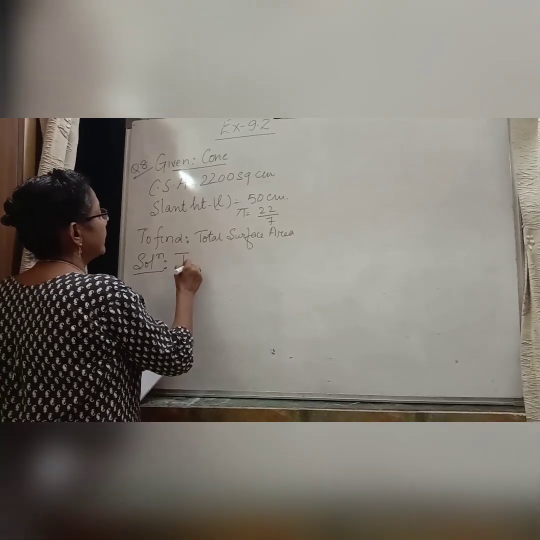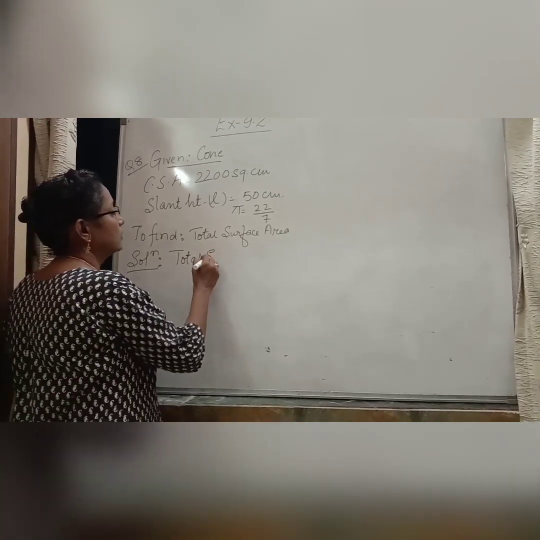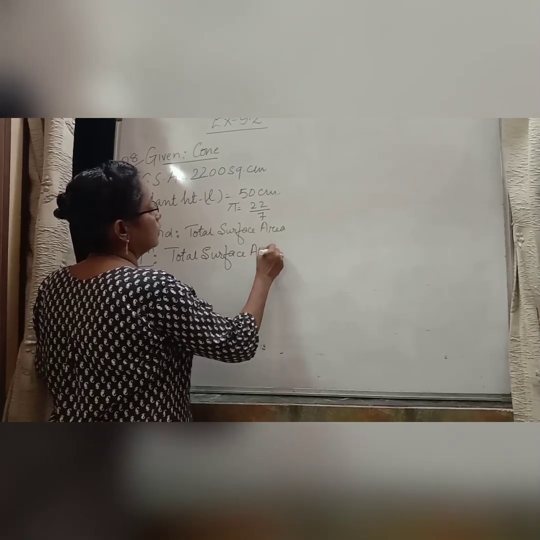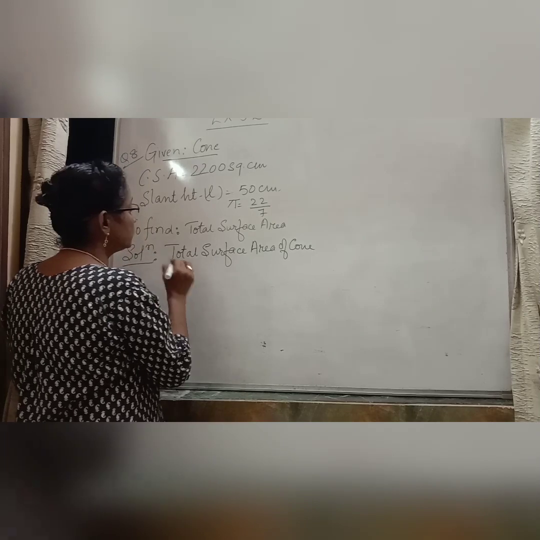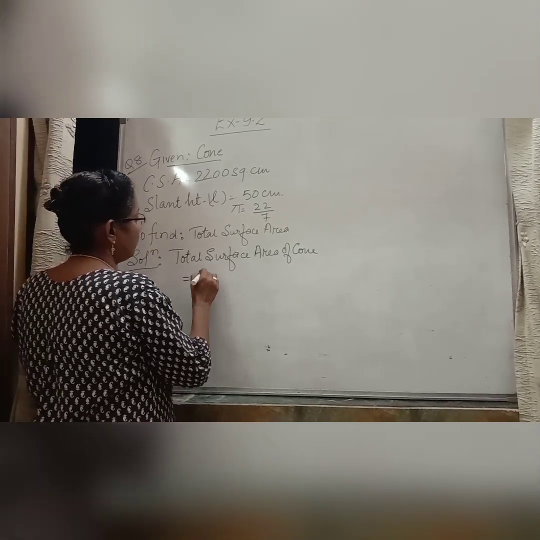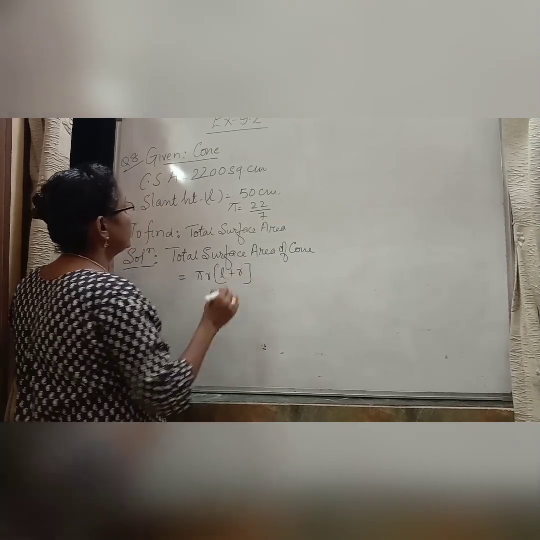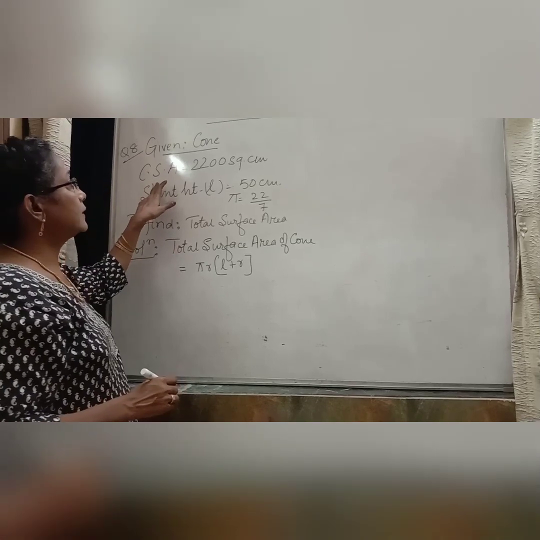For total surface area of cone is equal to pi r into L plus r. Now here only L is given. We don't have r. Curved surface area is given.